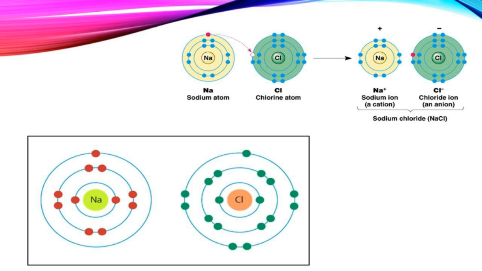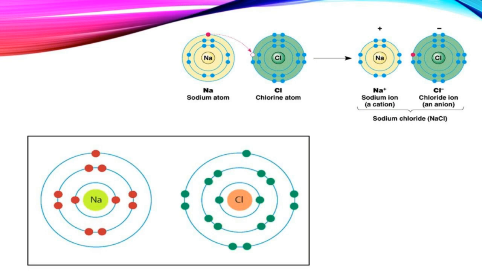For example, in the formation of a sodium chloride molecule, the valency of sodium is 1 and the valency of chlorine is 1. How? Sodium has 11 electrons in its orbits and chlorine has 17 electrons in its orbits. See, an atom feels stable if there are 8 electrons in its outermost orbit.